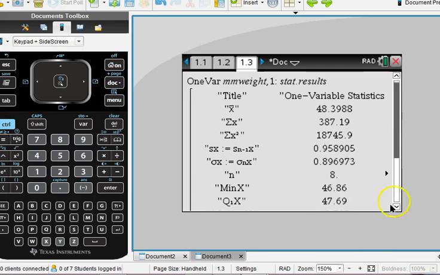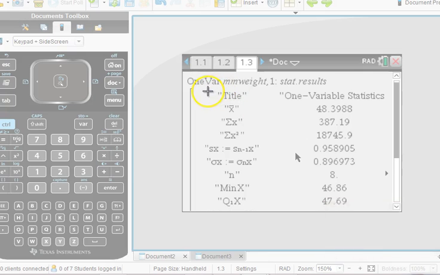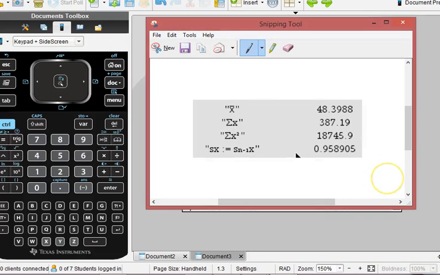So let's go ahead and I'm going to grab a couple of these values and put them where I can find them. Those are particularly the values that I'm interested in seeing.